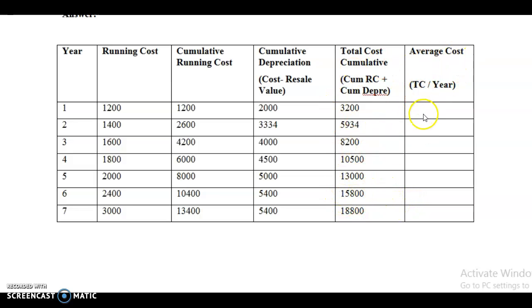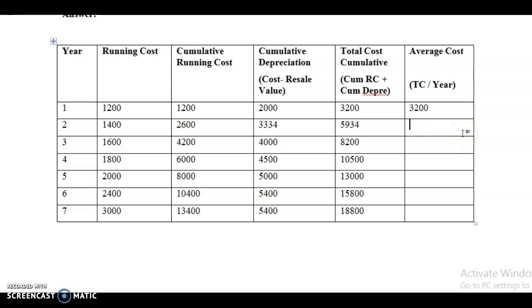Then we have to find the average cost. In order to find the average cost, we use the equation cumulative total cost divided by year. Year is the first column. For the first year, the average cost is 3,200 divided by 1, the same amount 3,200.